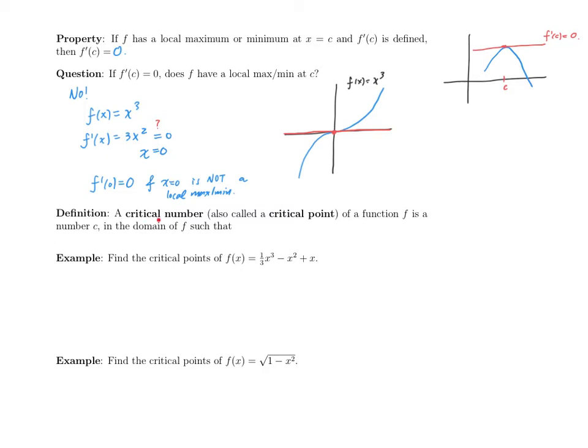We will say that a critical number, and I will almost always refer to these as a critical point, and for shorthand I'll say CP, of a function f, is this number c, so we think of it as an input. It has to be in the domain of the function f, such that one of two things happens. f prime of c equals 0, or f prime of c is undefined.